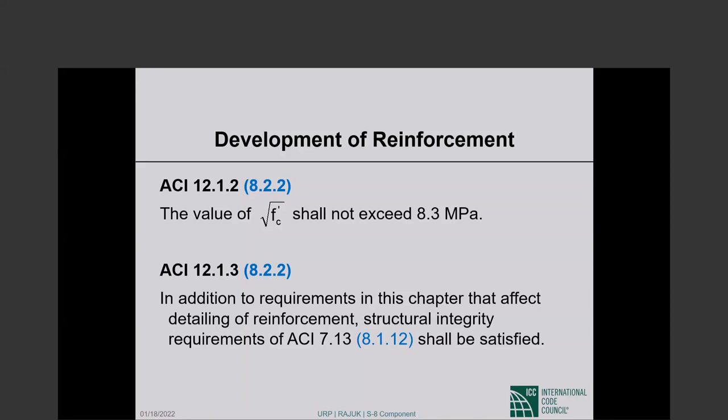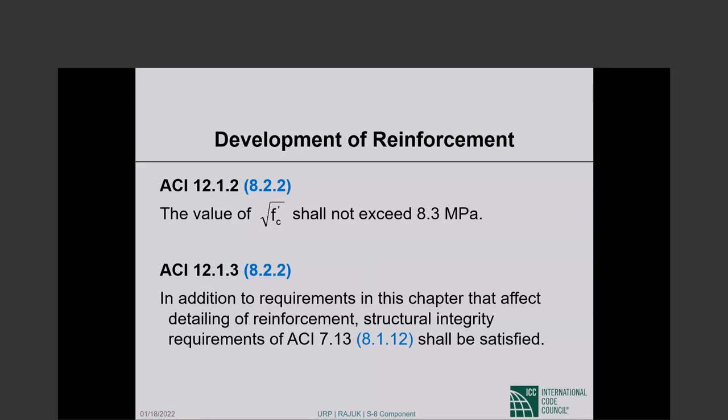So we restrict the strength of reinforcement to 10,000 psi. That again does not mean that you cannot use higher strength reinforcement, but it means that in your calculations you shall use F sub y equal to 10,000 psi. In the case of shear, there was an exemption. If you use higher shear reinforcement, then the limit doesn't apply. In the case of bond and development length, there is no such exception. So this is an absolute limit.